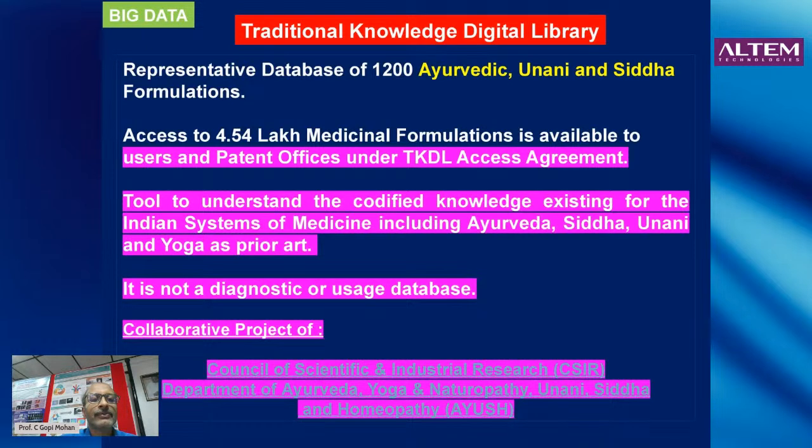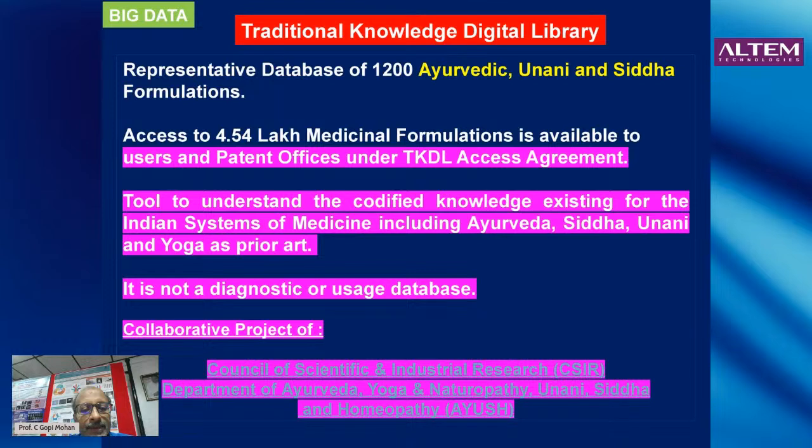It also has 4.54 lakh medicinal formulations available to users and the patent office under the TKDL access agreement, and it also has a tool to understand the codified knowledge existing for the Indian systems of medicine, including Siddha, Unani, and Yoga. It is not a diagnostic or usage database, as all of us know. It is only for information's sake, but the information is well assessed and proper.